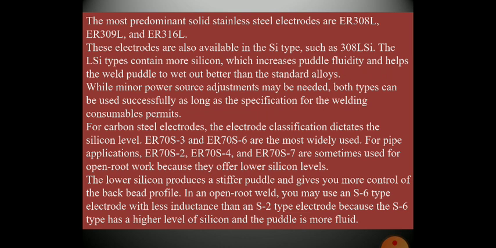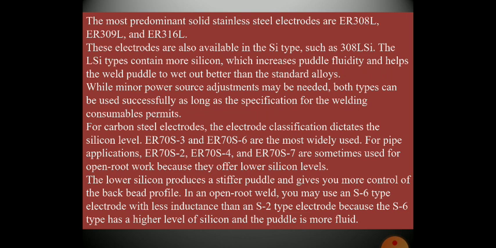The most prominent solid stainless steel electrodes are ER308L, ER309L and ER316L. These are the most prominent solid stainless steel electrodes utilized for welding.